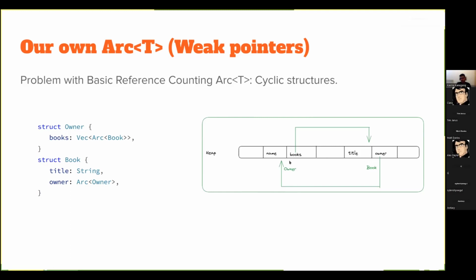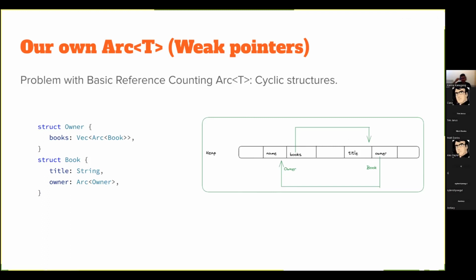One of the fields in the owner, which is books, references the book object on the heap, and the book data itself has an owner, which can refer to the owner object itself. So as you can see, this creates a cycle.